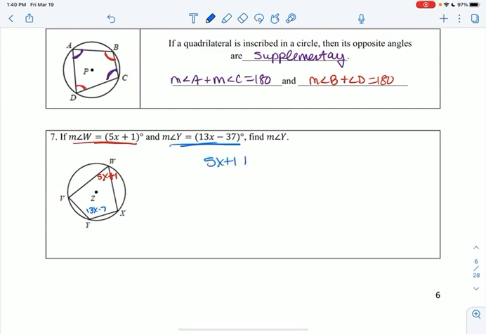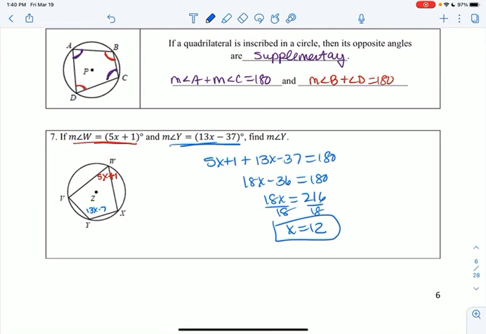So all I'm going to do is write an equation: 5x plus 1 plus 13x minus 37 equals 180. So that's 18x minus 36 equals 180. 18x equals, I'm going to add 36 and I'm going to get 216. And then I'm going to divide by 18 and I'm going to get x equals 12.